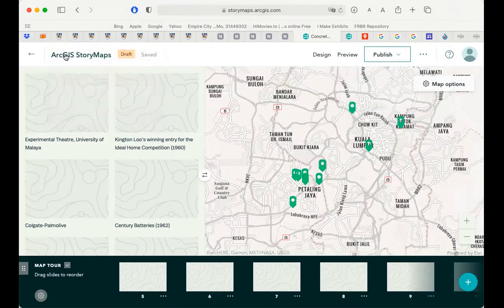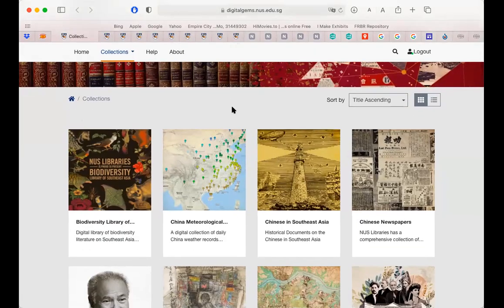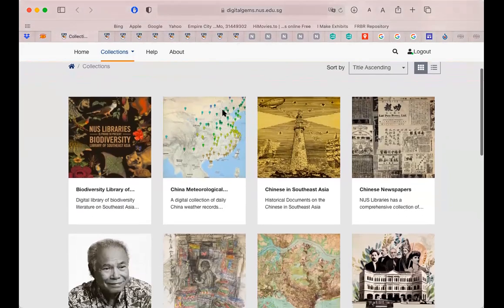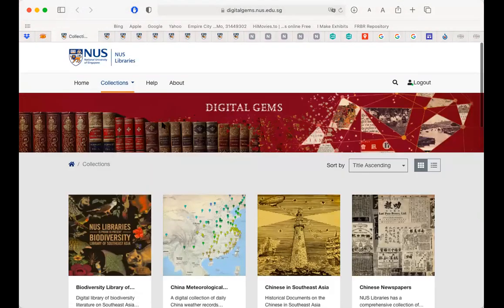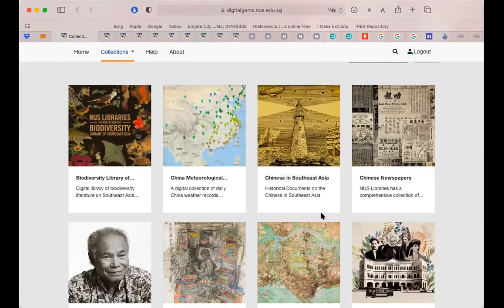But what are we going to work on? The first thing I want to talk about is to introduce you to this lovely website called Digital Gems. It's run by the NUS Library. What you have here are two very interesting folders, and you can have a look at both.